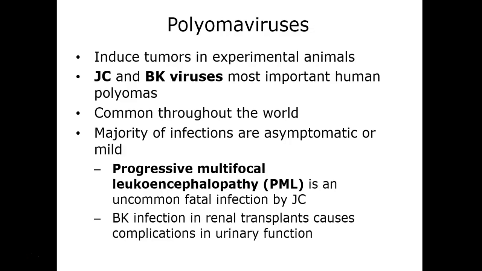There are 2 major viruses that fit into this category, the JC and the BK viruses. And these viruses are going to cause either fatal infections, as seen by the JC. We talked about this leukoencephalopathy, which impacts the white matter of the brain tissue. And the BK infections are common in renal transplant cases.